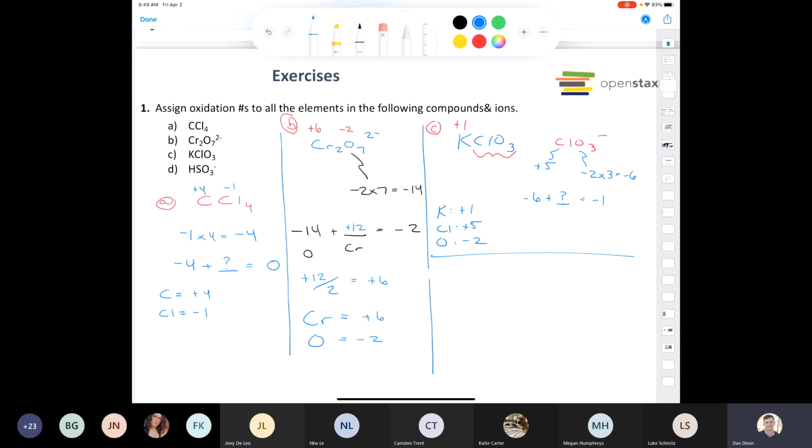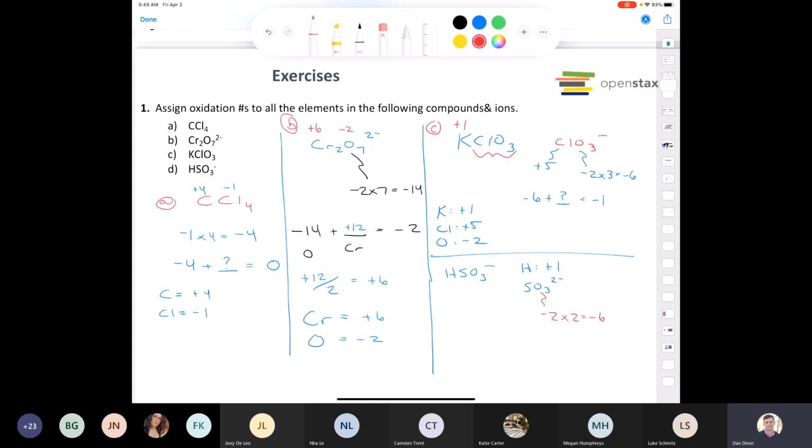Kind of running out of room here, but the next one is the hydrogen sulfite ion. I'll do this one a little quicker. If I was going to do this one by myself, I would say hydrogen sulfite. I know that the hydrogen is going to overall have an oxidation number of +1. So that means that my sulfite, which I already have memorized, is going to have overall a charge of 2-. Okay. I know that the oxygen is -2 times 3, which gives me -6.